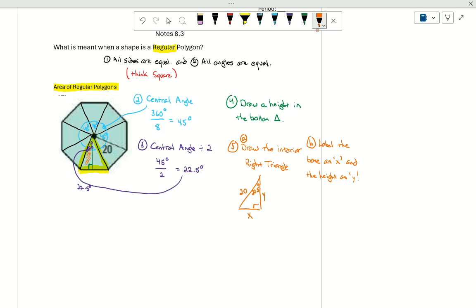Base is X, height is Y. We're going to have to find both of those. And that's going to be step C of number 5.